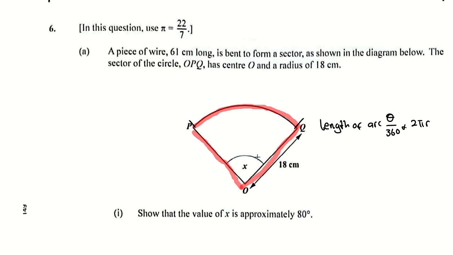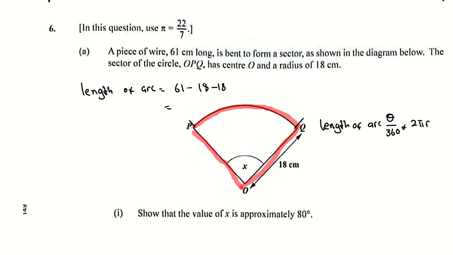They want to find what is x. So basically, they're trying to find theta. So what I know first is the length of my arc is going to be 61, subtract the 2 radii. Let's subtract 18, subtract 18.